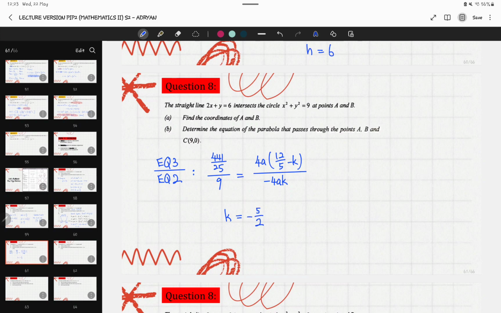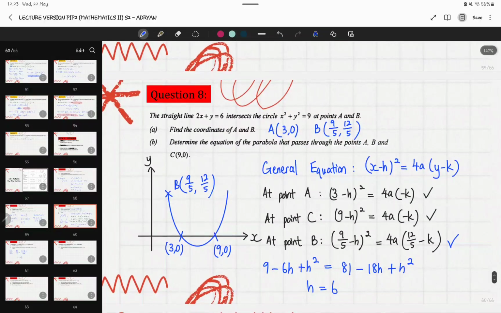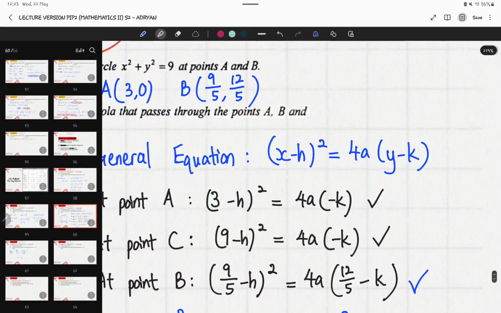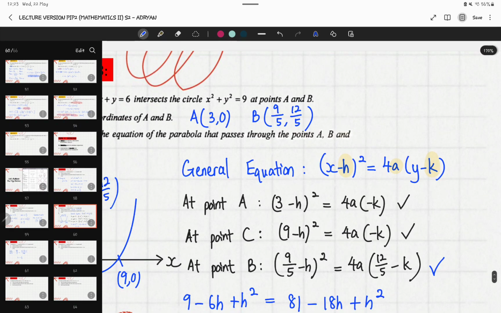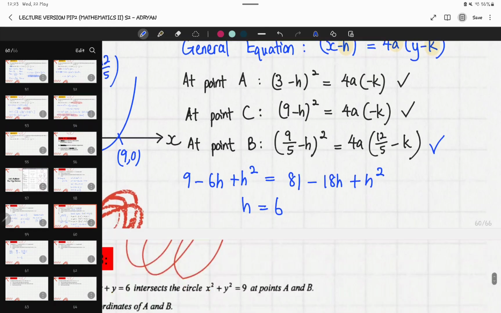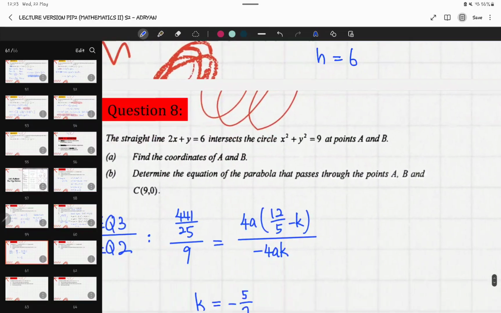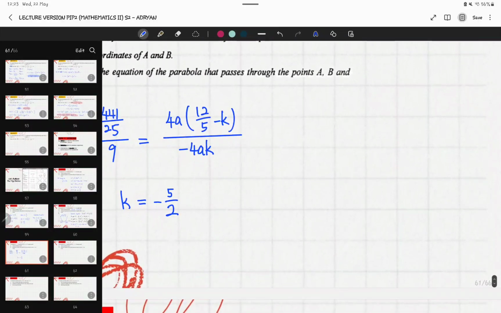We already have h, we already have k. So what else do we need to find? Looking at the general equation, we only need to find a. To find a, you just choose any one of the equations. For me, I would choose the first equation.